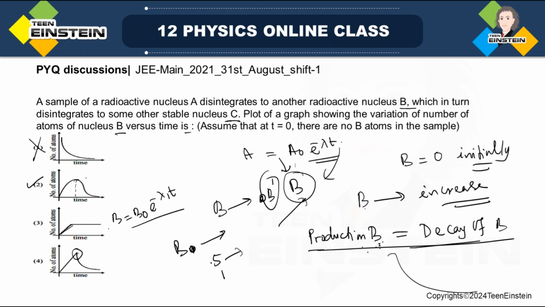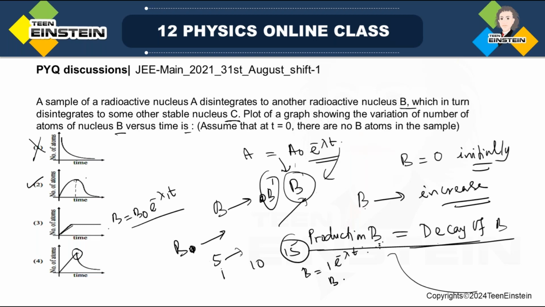So decay depends on the initial number of nuclei also, right? Suppose initially there was 5, then there will be 10, there will be 15, like that your B are produced, right? So your decay rate slowly increases. Initially it was, suppose, 1 into e to the power minus lambda t.